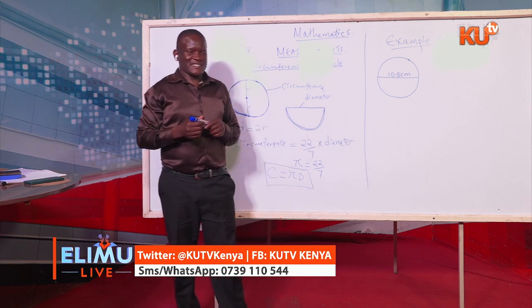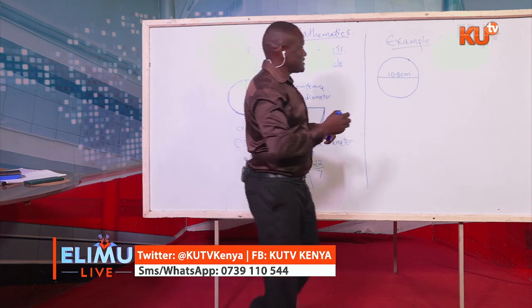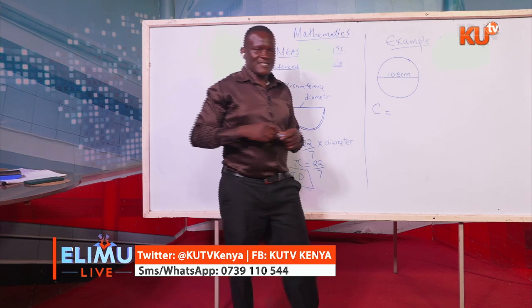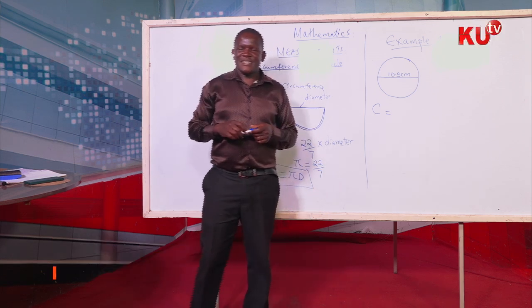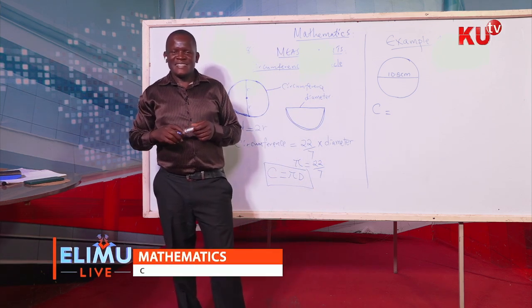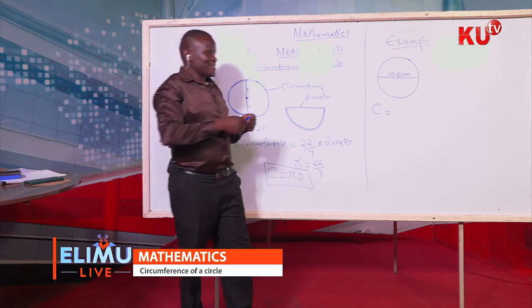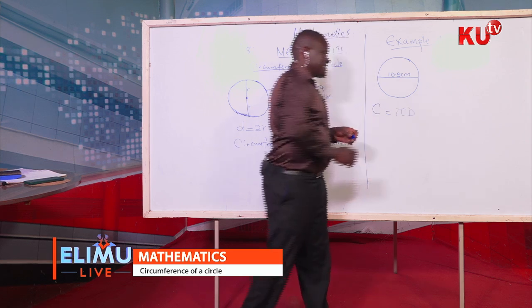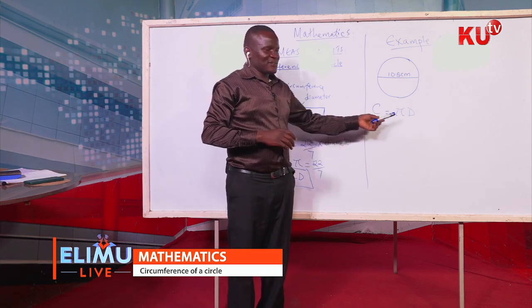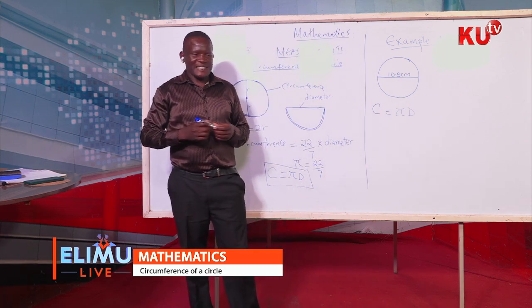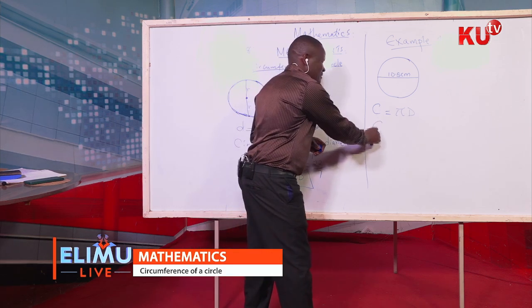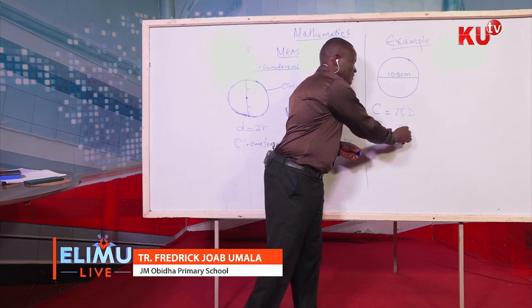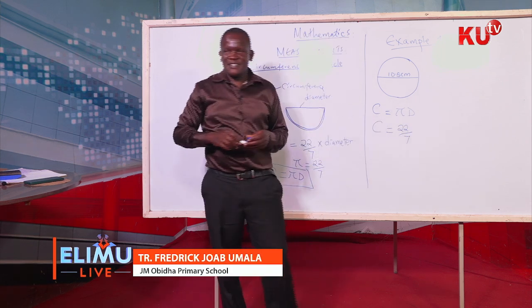So very fast, we shall go straight to our formula of finding the circumference. The formula for finding the circumference of a circle is equals to pi d. So circumference therefore will be equals to 22 over 7.